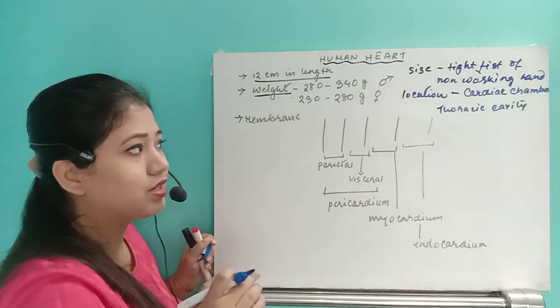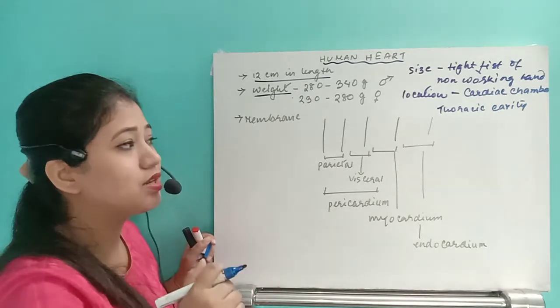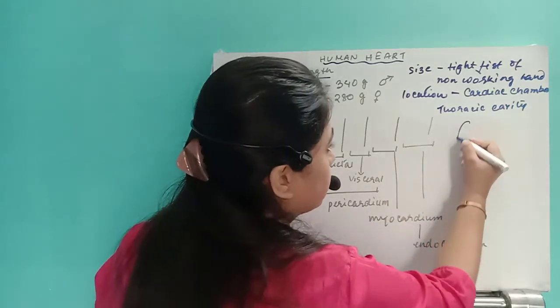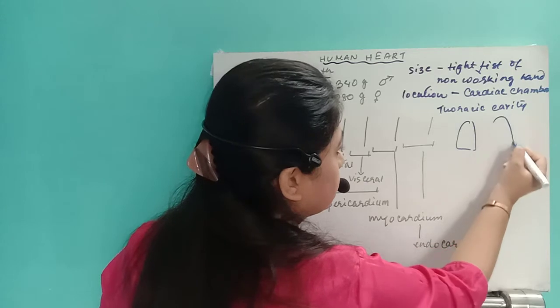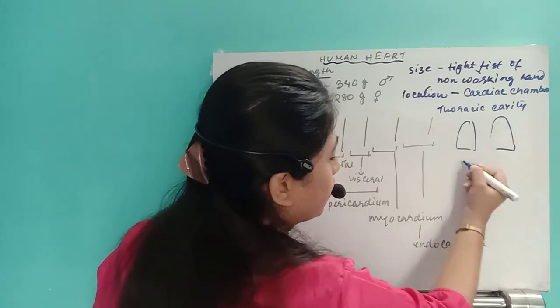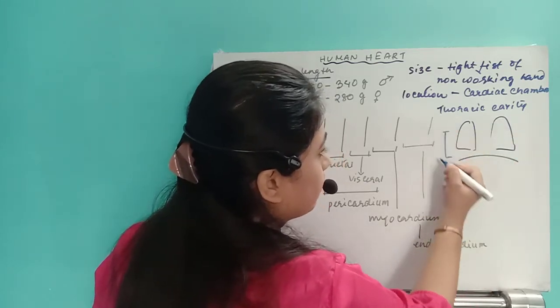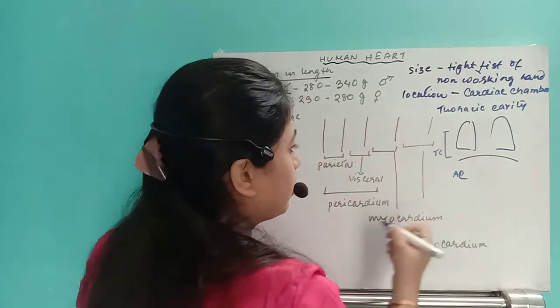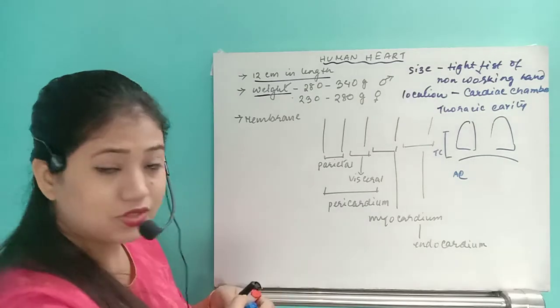Now just see, in the thoracic cavity, is the heart present on the right side or the left side? Suppose these are the two lungs. Here this is the thoracic cavity and this one is the abdominal cavity, right? Where is the heart located?